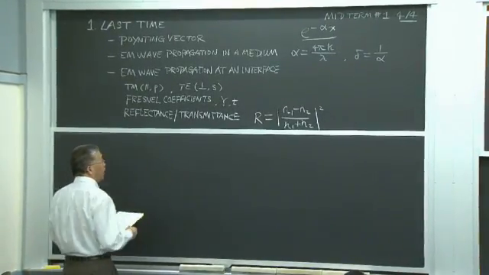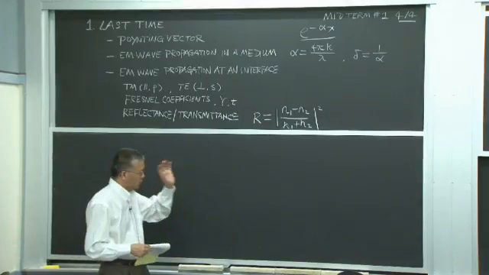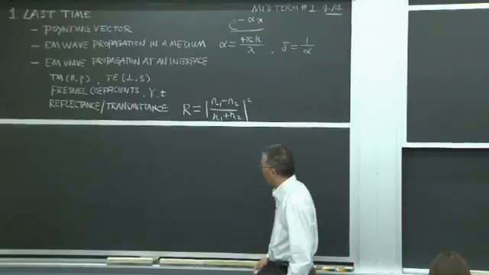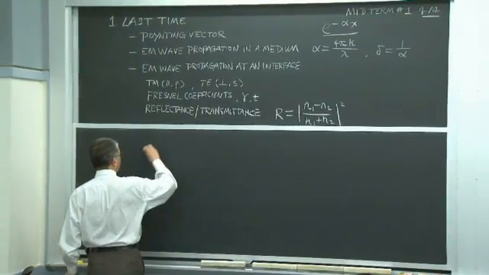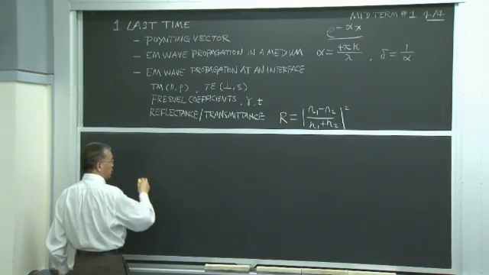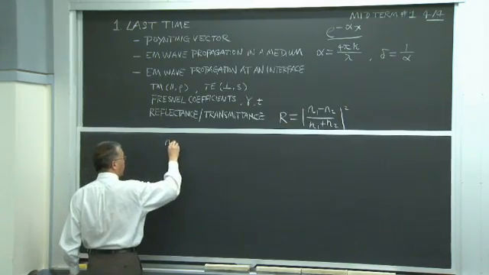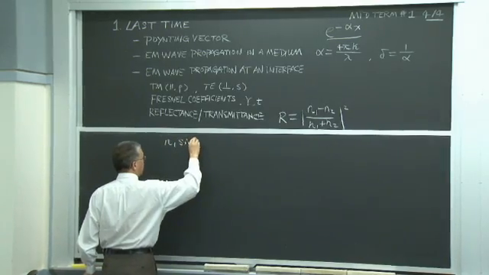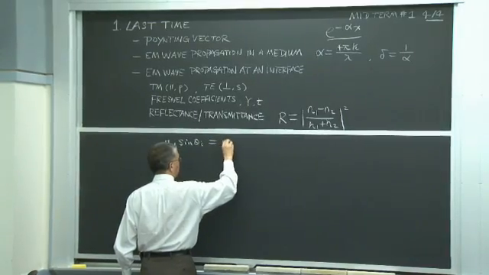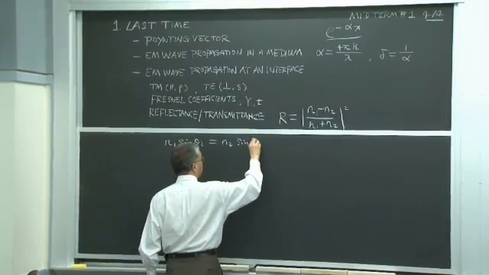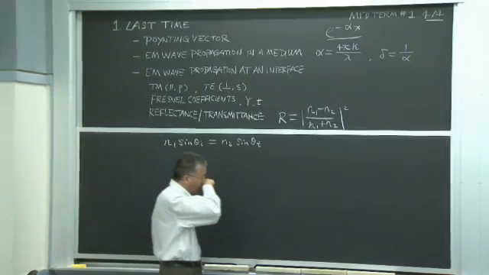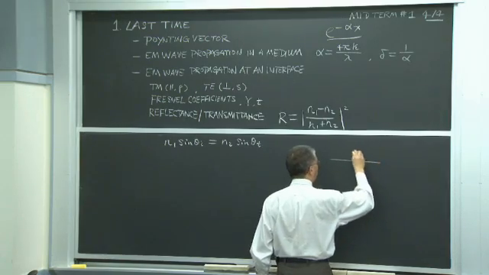And I stop there. I want to do more discussion. If we look at Snell's law, the wave vector conservation, right? We get N1 sine theta I, where theta I is the angle of incidence, equals N2 sine theta t. This is the transmitted angle, right?